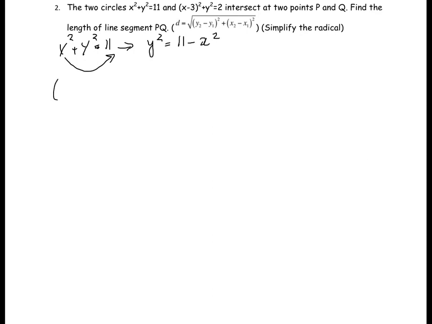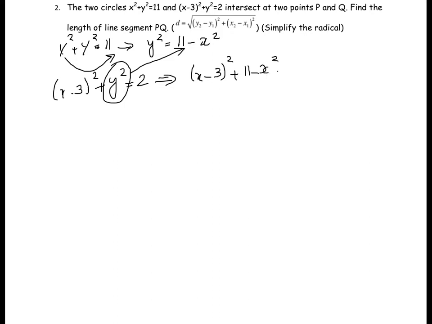In the second equation, I have (x minus 3) squared plus y squared is equal to 2. This y squared, I'm going to replace it with this expression. So I'm going to write (x minus 3) squared plus 11 minus x squared is equal to 2.